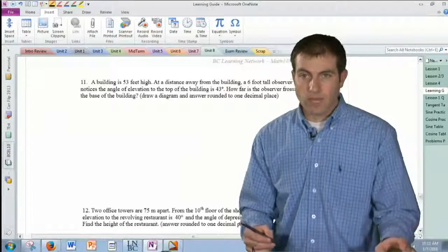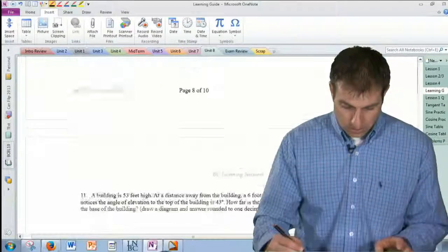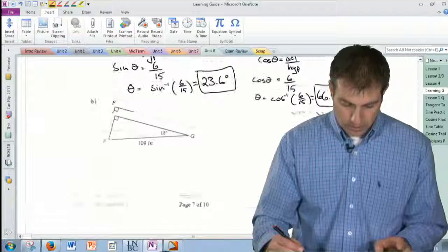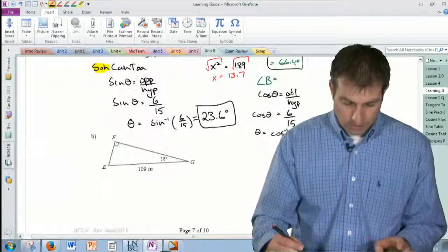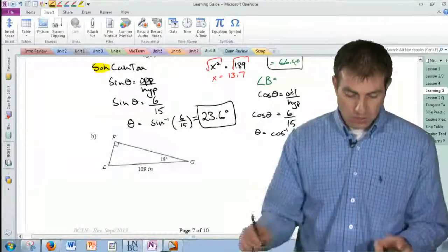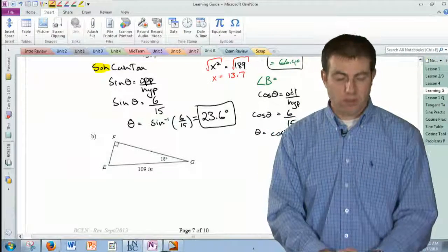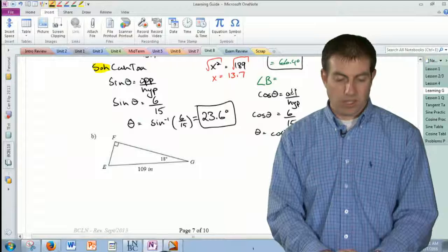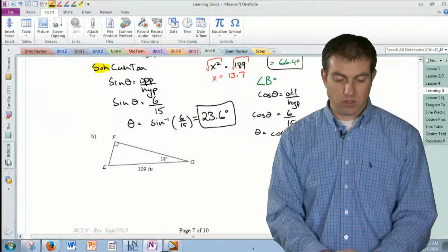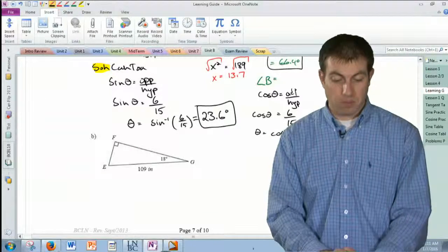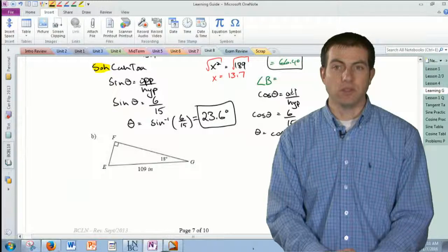So for page 7B, you can use the Pythagorean theorem if you want, or you can use trig. So you have the opposite and the adjacent, so you could use the cosine and sine ratios to find those 2 missing sides.